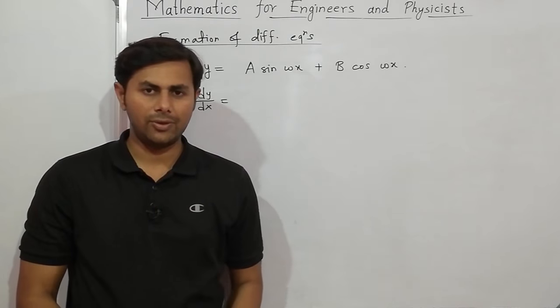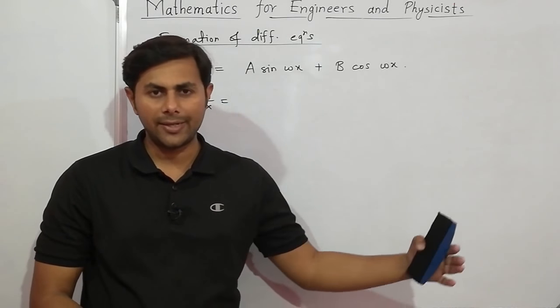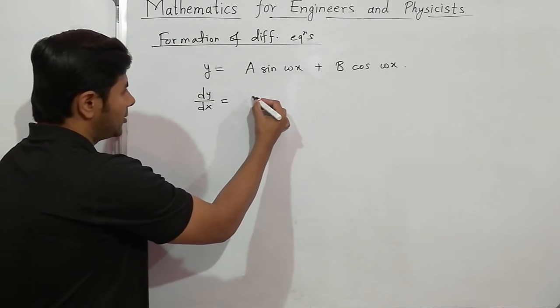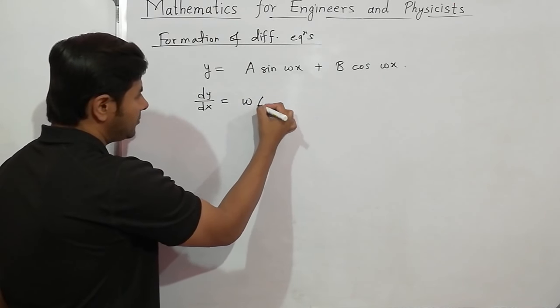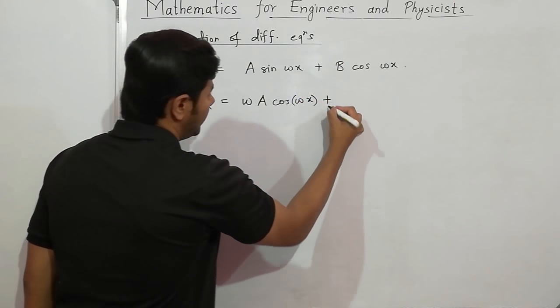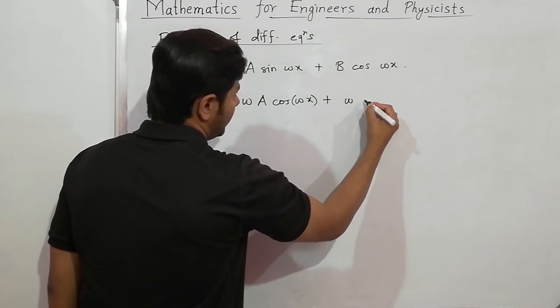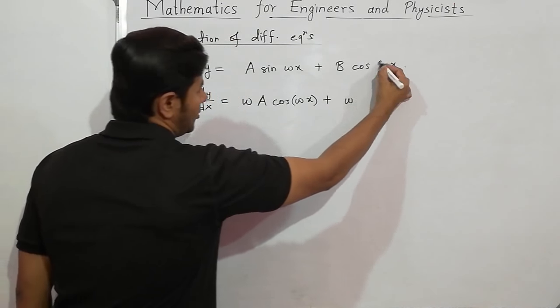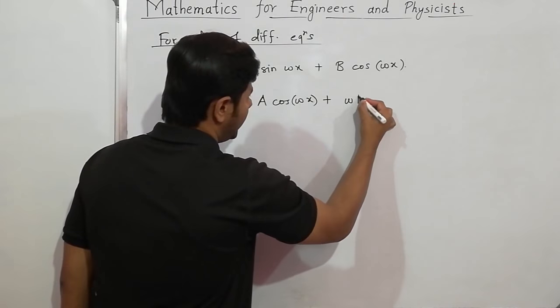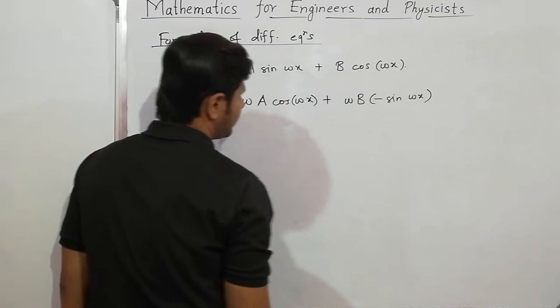So using chain rule, we'll have derivative as cosine omega x multiplied by omega. So it is omega into a into cosine of omega x plus derivative of cos is minus sine, but we will have omega from here. So omega into b into minus sine of omega x.